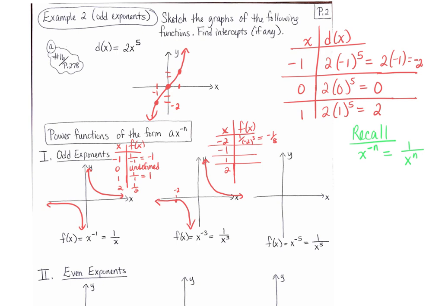When you substitute in -1, you get 1 over -1 cubed, which will give you -1. When you substitute in 1, what are you going to get? 1, good. You're going to get 1. When you substitute 2 in, what are you going to get?